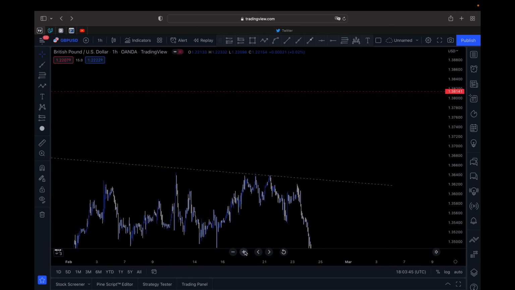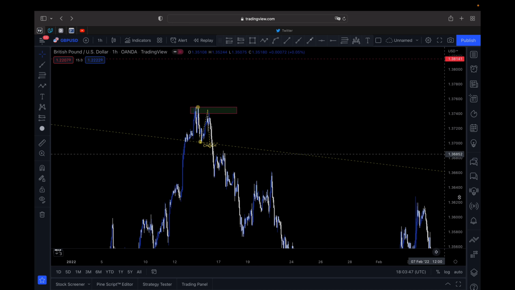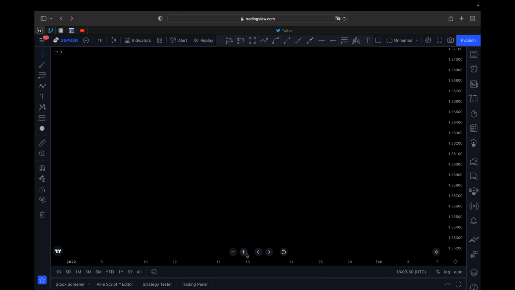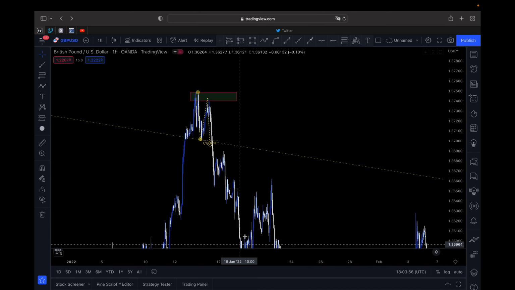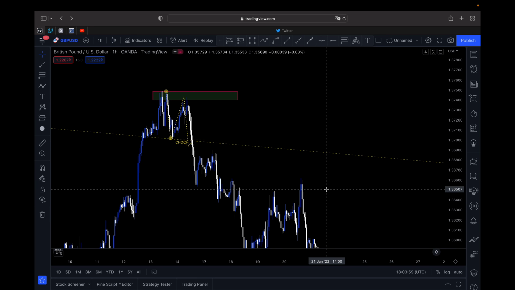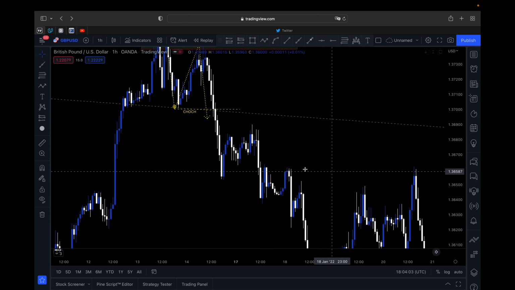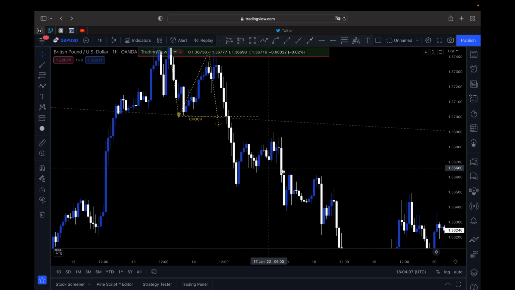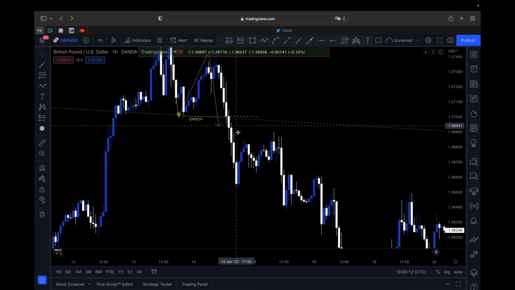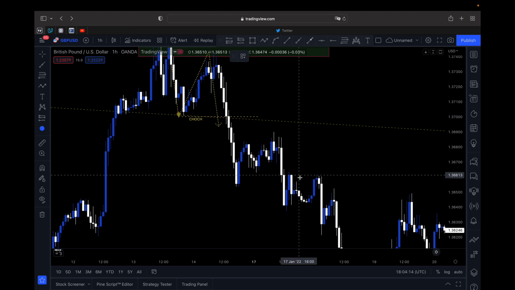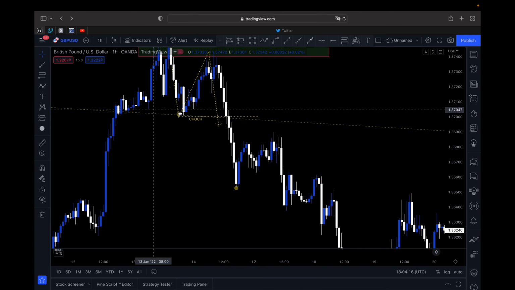So here, you can see what price did. Price broke out with an impulsive movement downward, got to this place and started ranging.